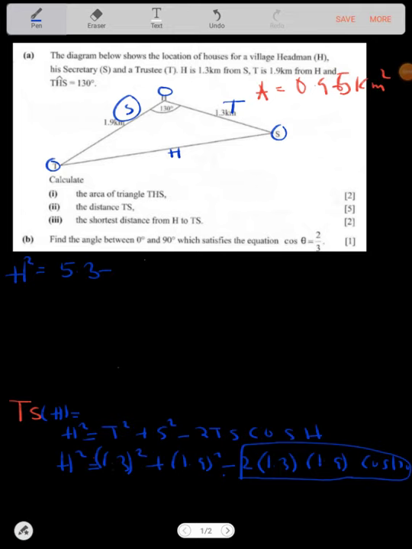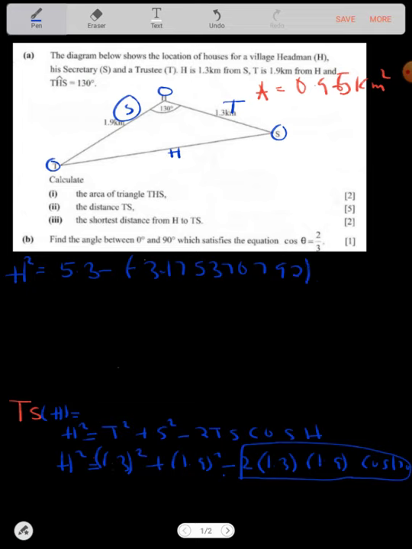We start from cos 130, that's negative 0.64, and you multiply it by 1.9, then you multiply it by 1.3, then you multiply it by 2. So you're getting negative 3.1753707 2.